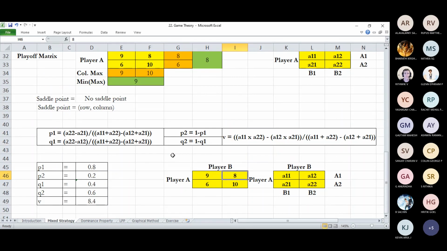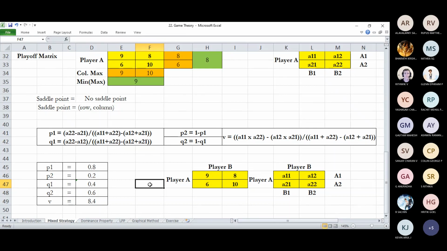Right? All of you got the answer, or all of you could follow the steps to arrive at the answer. So this is typically the game theory with mixed strategy. Right. We're going to do a very important concept called dominance property. Say, for example, you might have multiple outcomes, but all decisions you don't take for a particular course of action, right?